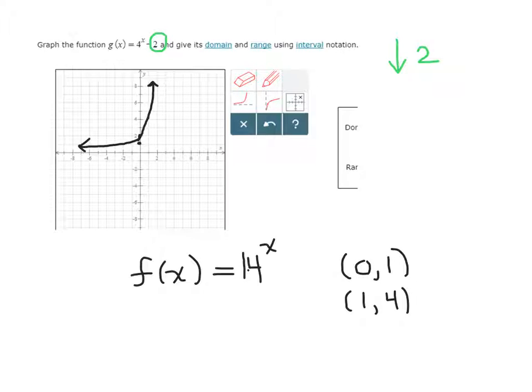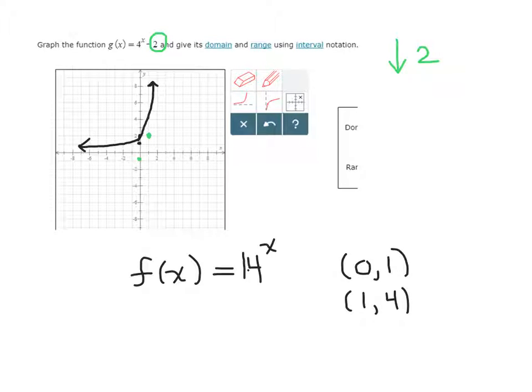So what that would mean in this case then is that if I go to graph this function g of x, I can just take the points that I have and slide them down 2 places. So that 0, 1 would now be at 0, negative 1, and that 1, 4 would now be at 1, 2.